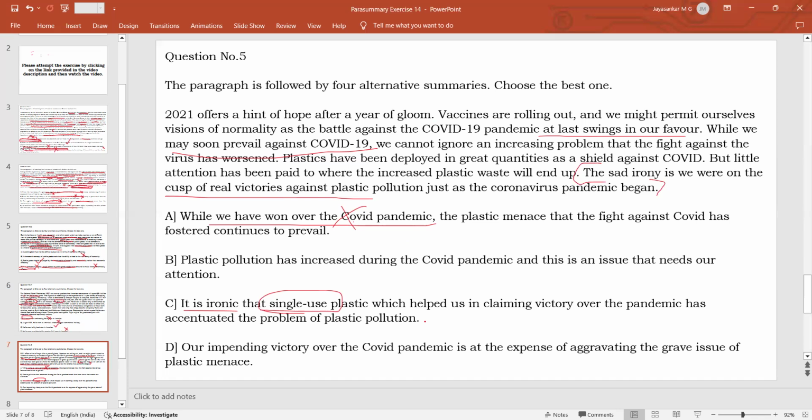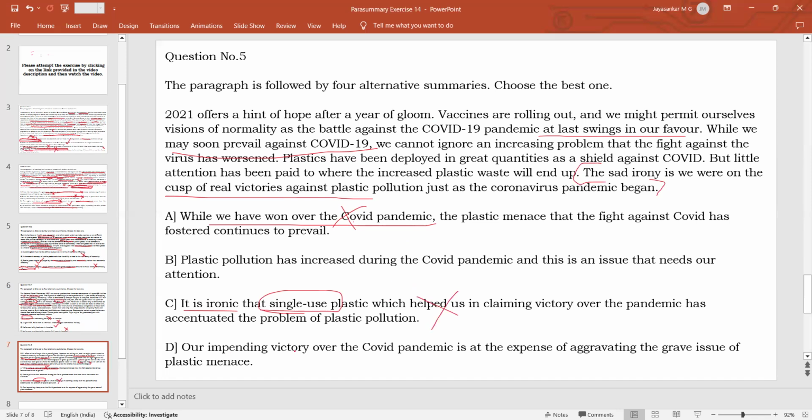That is definitely ironic, but that's not the irony that the passage is saying. The passage talks about how we were on the verge of defeating the plastic problem, but suddenly it became a big problem because of the COVID pandemic. The option is talking about another irony which is not stated in the passage, that is why this becomes an incorrect statement, even though it looks like a good statement.